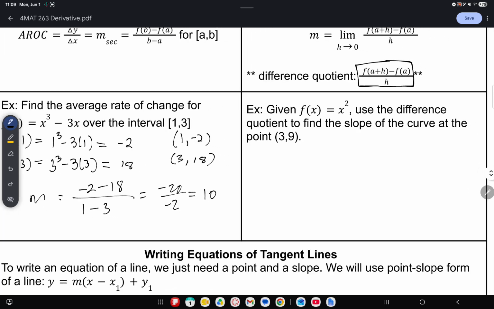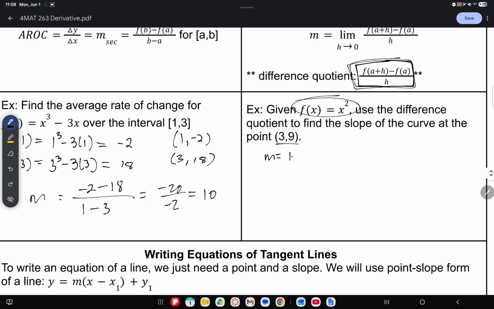Well, let's use the difference quotient and find the slope of this quadratic function at this point. So that difference quotient is this piece right here. But we want to find the slope.